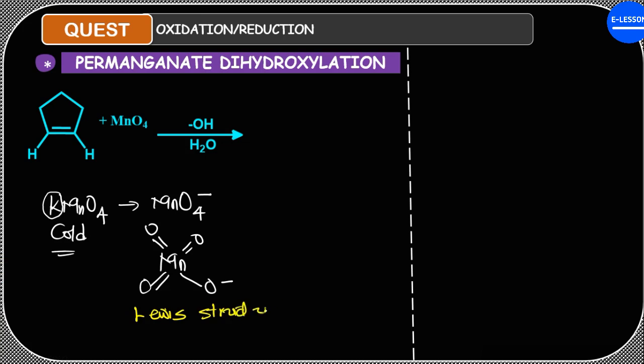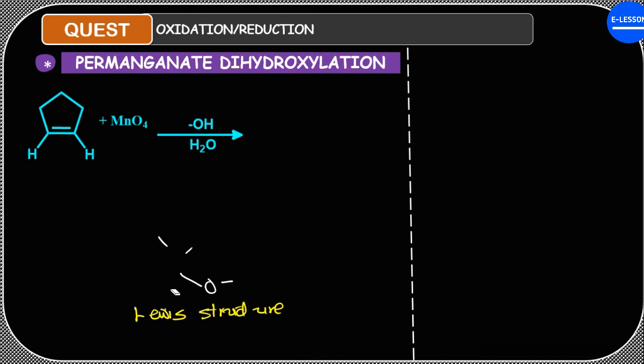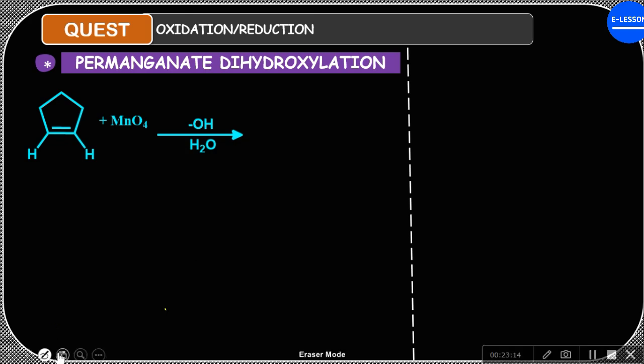So when this reacts with this compound, what do you think is going to form? It's still the same process as the one that we've discussed before. Potassium permanganate now reacts with alkene. Like I said, like osmium tetraoxide, these ones still react the same way.